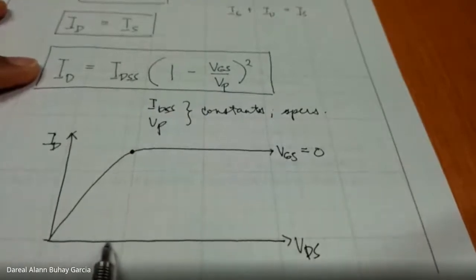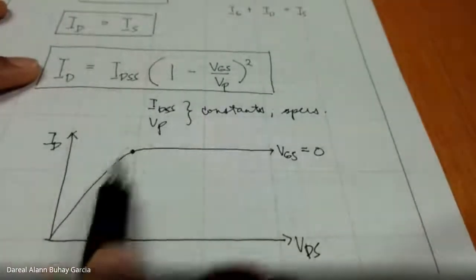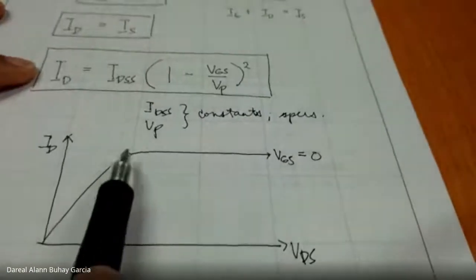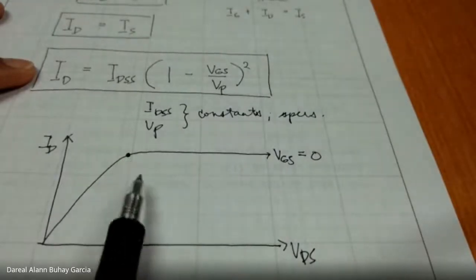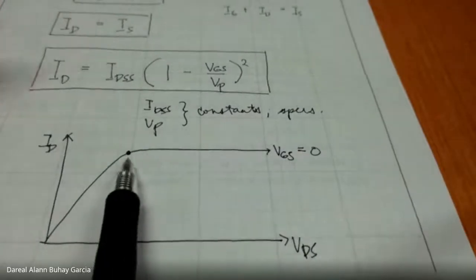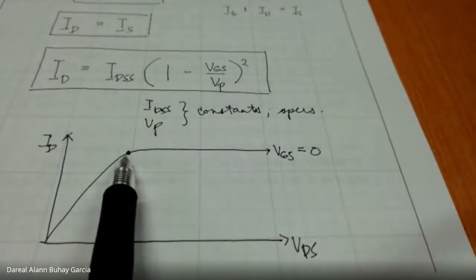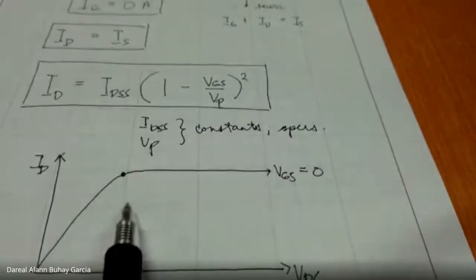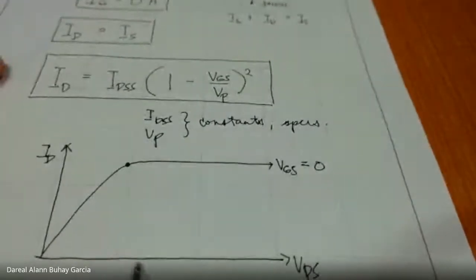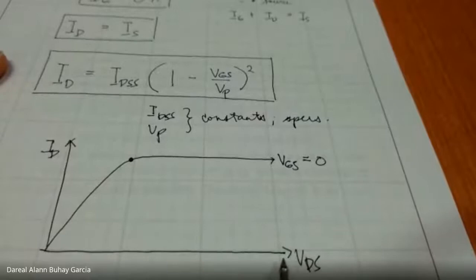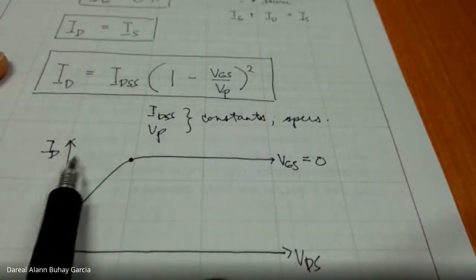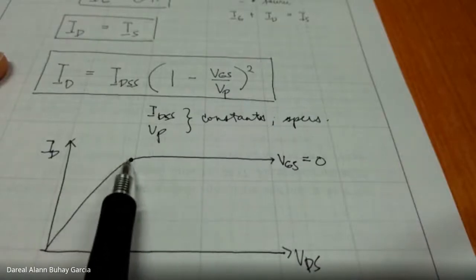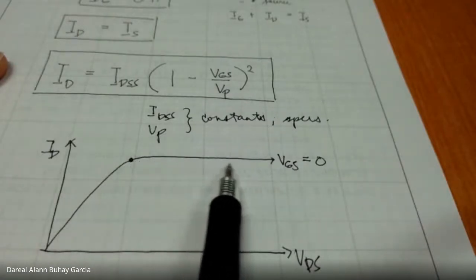At this value of VDS, what is the value of ID? It's still linear. But at a certain point, there's a specific voltage level where, no matter how high the voltage VDS across the drain and source terminals gets, the current flowing through our FET saturates.